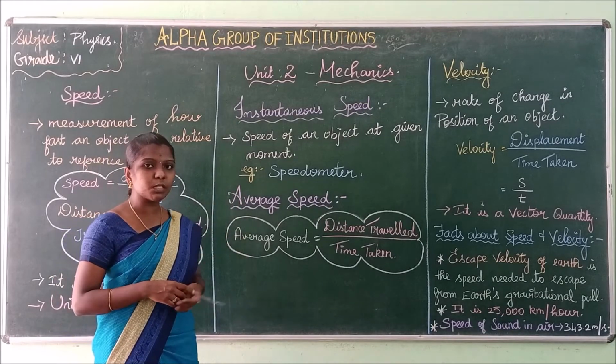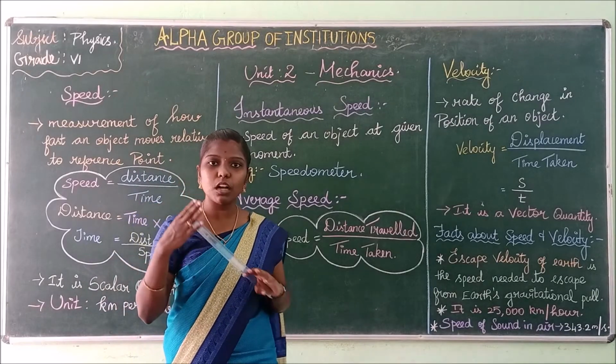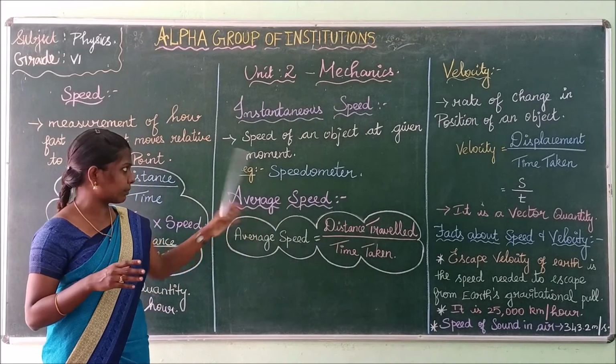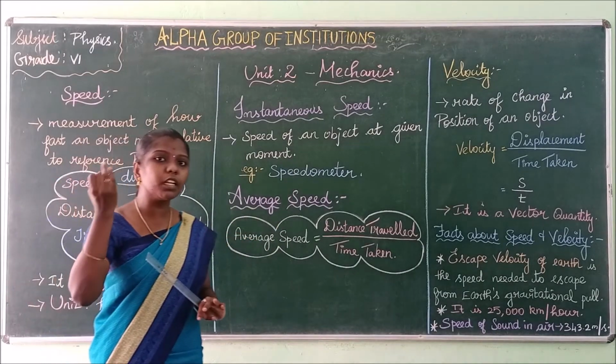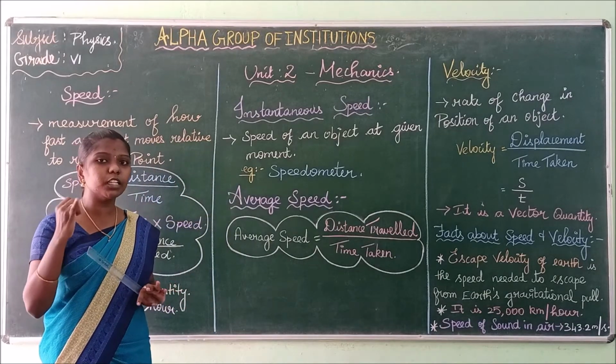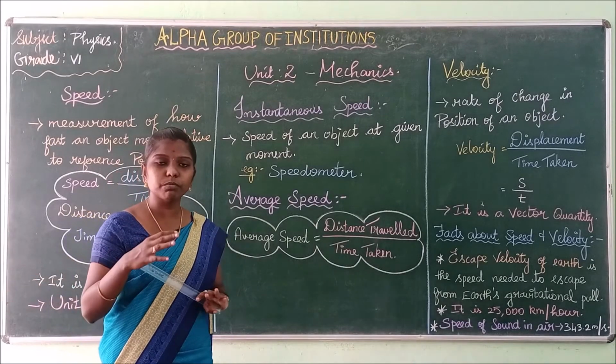An example for instantaneous speed is the speedometer. Have you ever seen in your bike or car that a speedometer is placed in your vehicles? Both speedometer and odometer will be placed. Speedometer is a device to measure the speed of a vehicle.